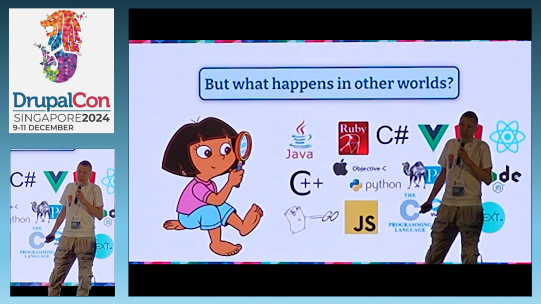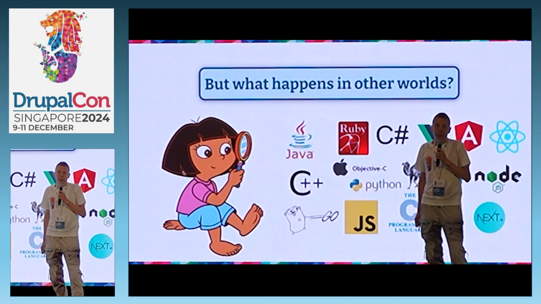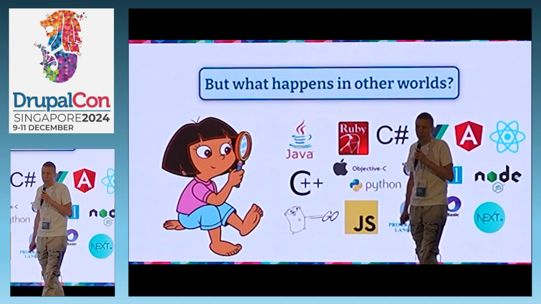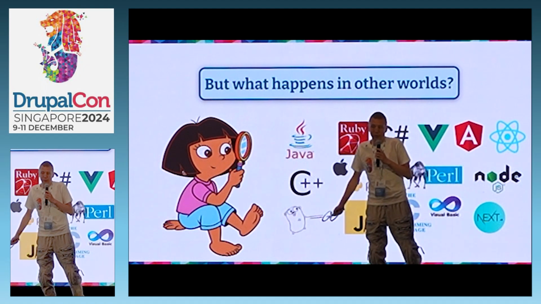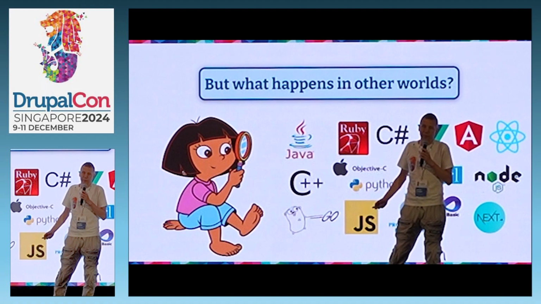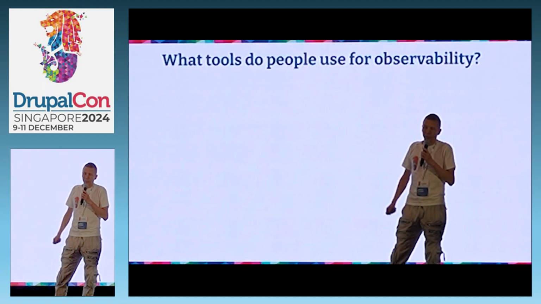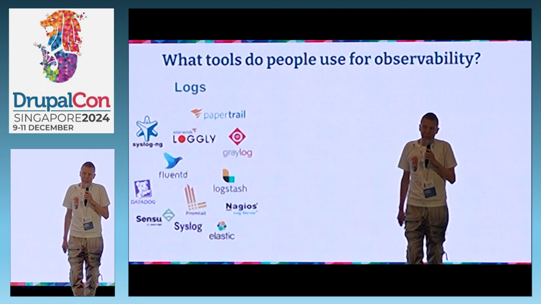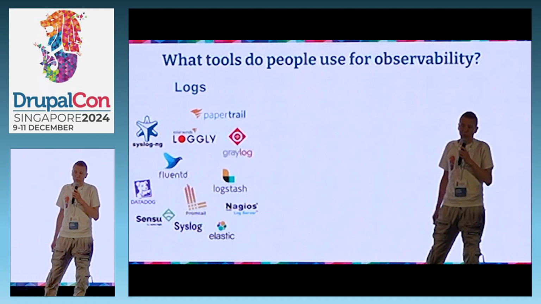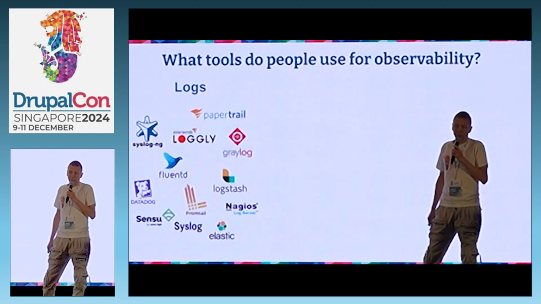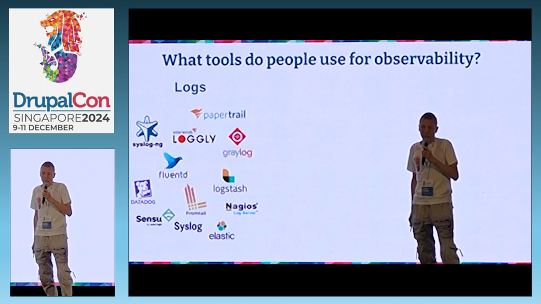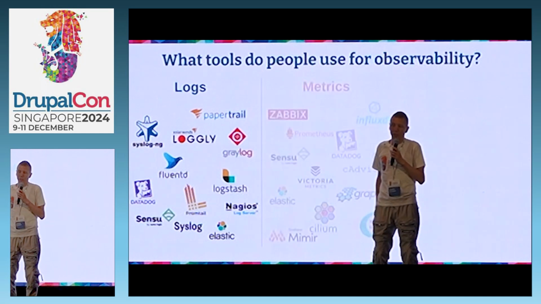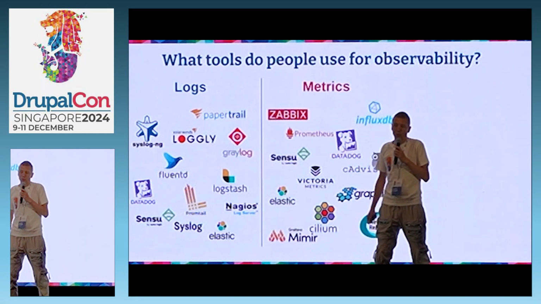But let's explore what's happening in other worlds. So in C++, in Python, Node.js, we have different technologies, and they maybe suffer with the same problem, right? But actually, not so bad. We have a lot of solutions for logs, like Graylog, syslog, Datadog, Logstash, Elastic, and pretty much the same picture for metrics.